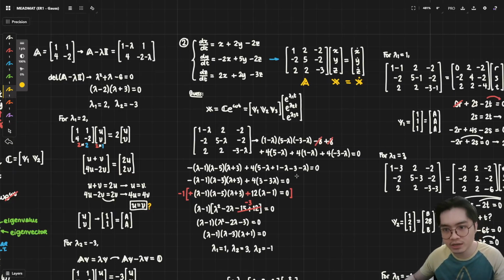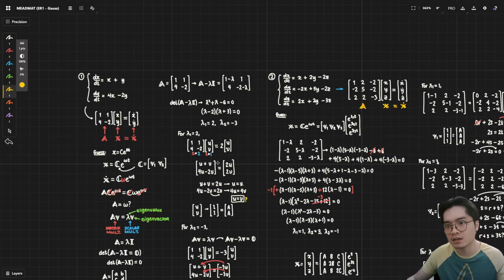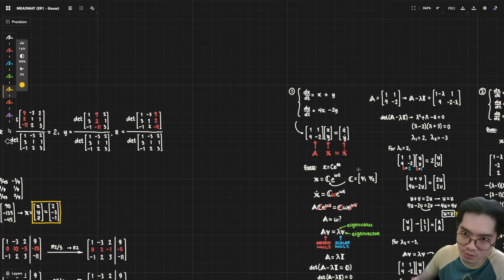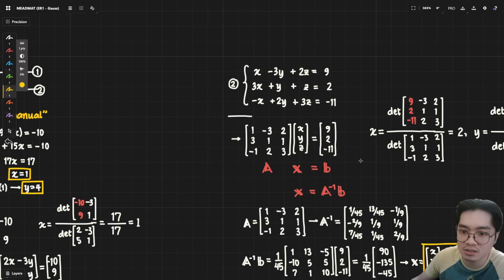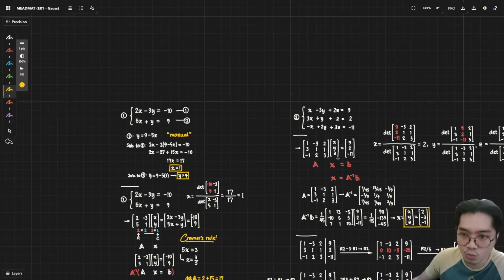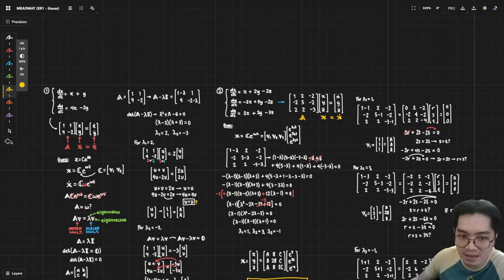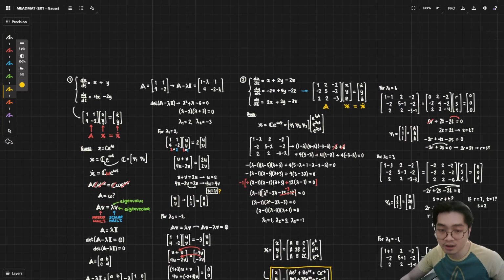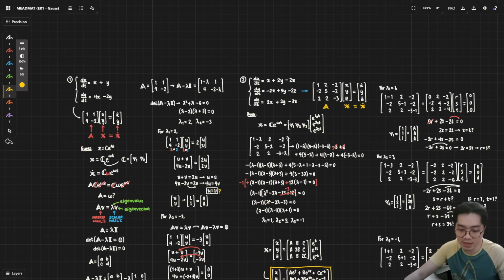What we are doing in here is basically solving a system of equations. Well, they are differential equations, but they are still equations nonetheless. So we can employ some of the things that we have learned from earlier, and we can apply them here so that we can solve these in a more organized manner.